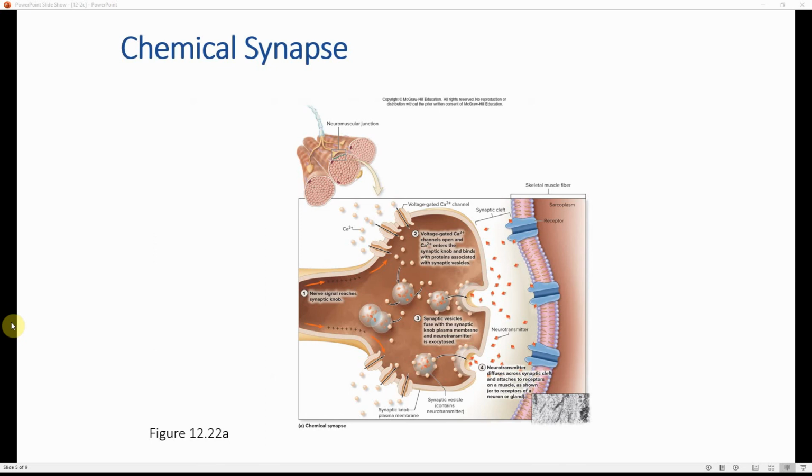So here's our chemical synapse. Our action potential zips down the axon at 200 miles an hour, opens up those calcium channels, calcium diffuses into the cell, binds to the protein synaptotagmin, and allows those vesicles to bind to the outside of the terminal and release their neurotransmitter through exocytosis. The neurotransmitter then diffuses across and plugs into ligand-gated channels.